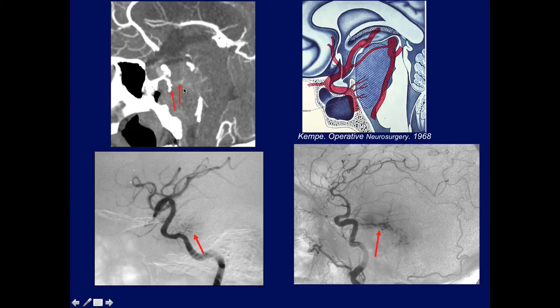Here they are. And these are not the same patient, but these are angiograms I did previously many years ago, again showing these vessels. And what are these? What are these arteries called?